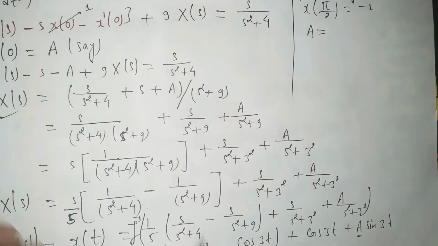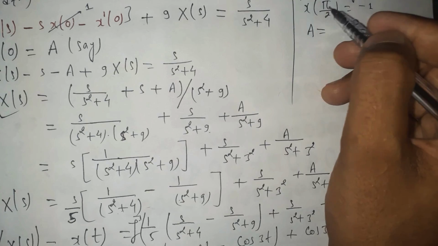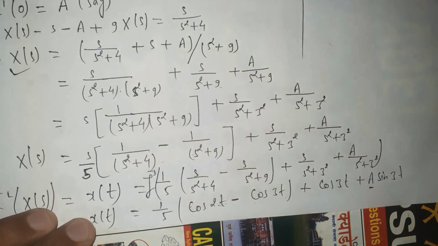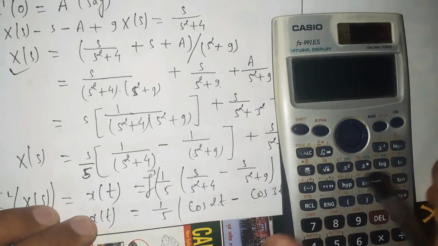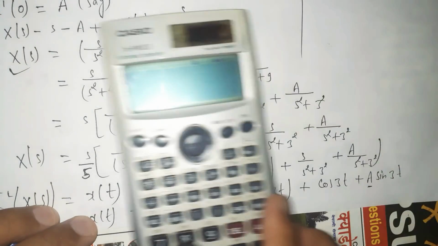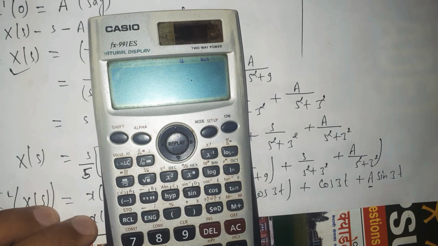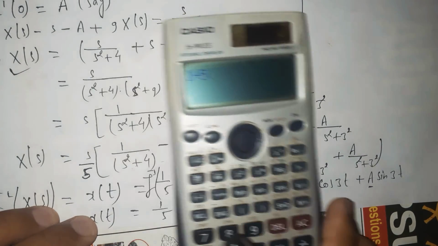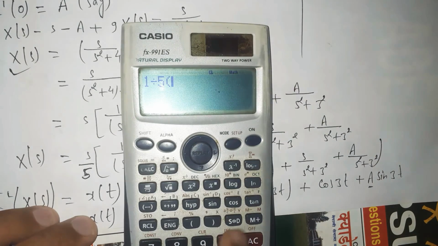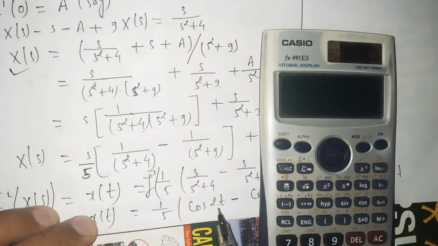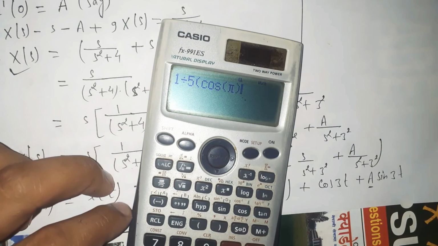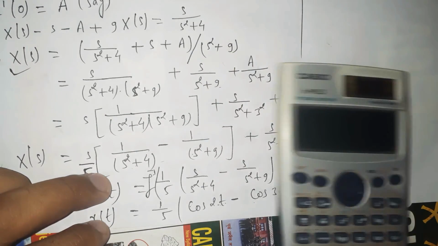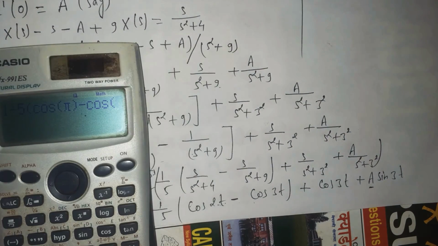Let's substitute t equals pi over 2 here. Let me use the calculator here. 1 over 5 times cosine of 2t. Cos of 2 times t is cos of pi. Cos of pi minus, cosine of 3t, that is 3 pi over 2.